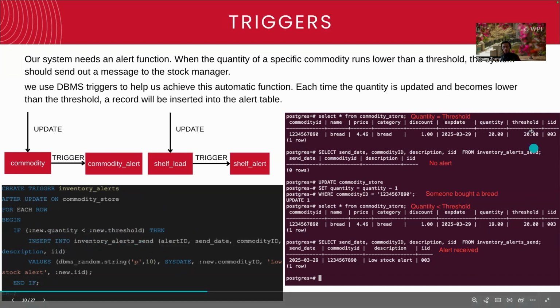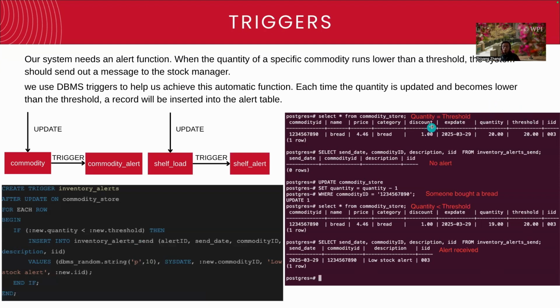Here is the brief demonstration. At the beginning, we have a commodity called bread, and the quantity equals the threshold. So of course, we don't have any alert in the alert table.